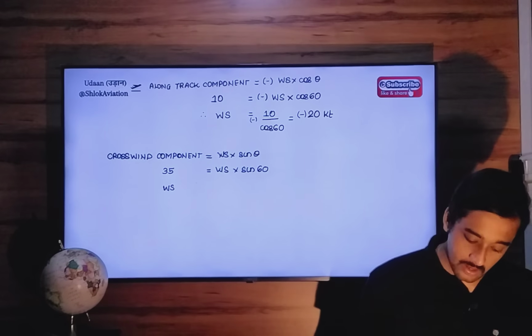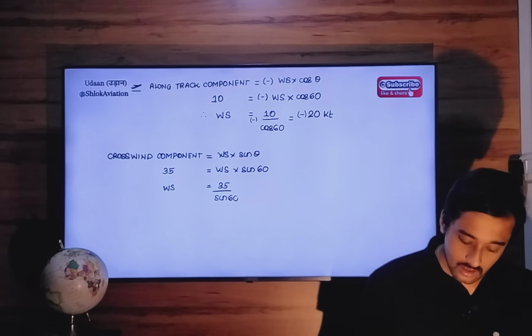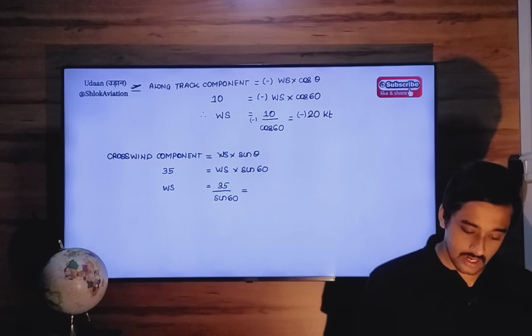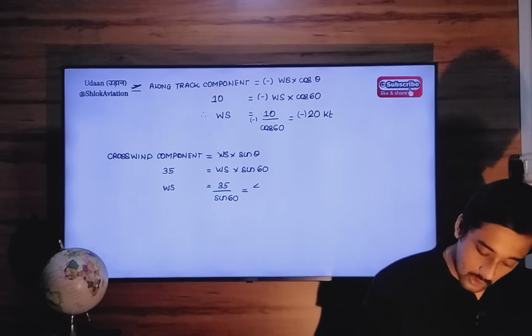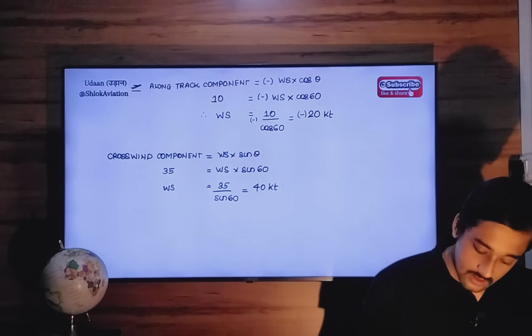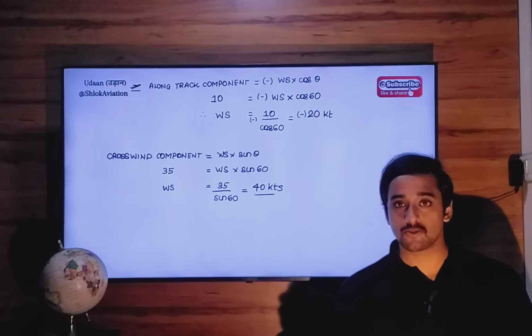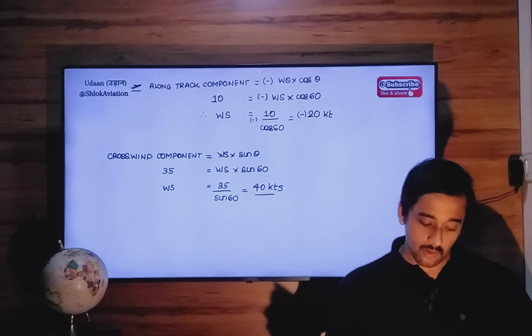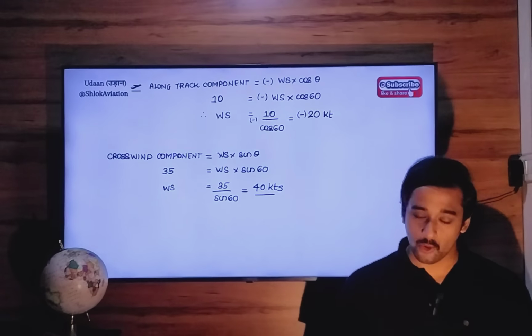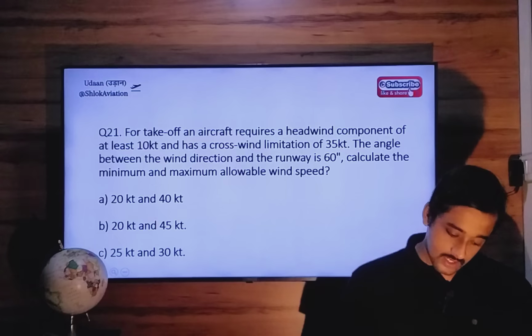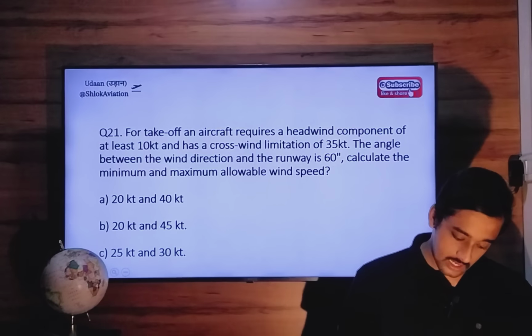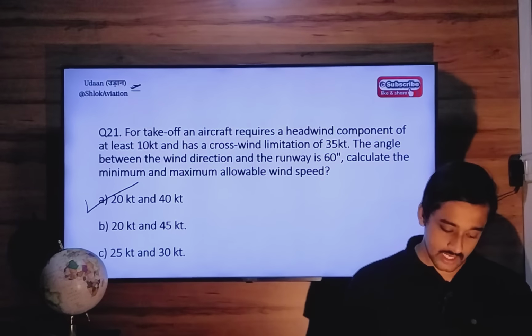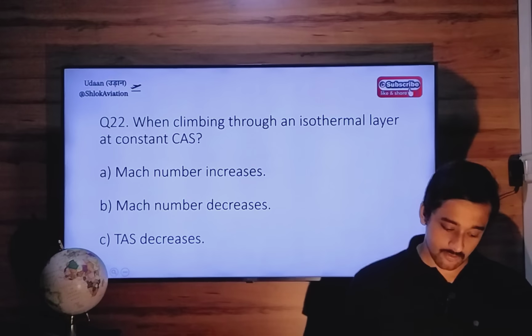So wind speed will be 35 divided by sine 60, which is 40.4 or approximately 40 knots. So you need 40 knots of wind speed in order to get a maximum of 35 knots crosswind component. Simple. So the correct answer here will be 20 and 40, option alpha. Very simple but very important sum.